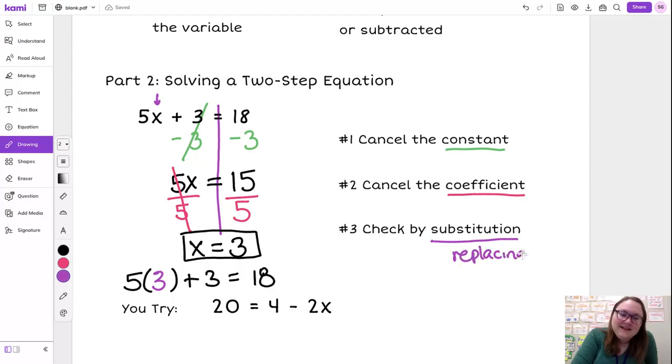It means replacing x with the number 3. And if I do that, if I take out the x and I put in the number 3, my equation says 5 times 3, which is 15, plus 3 does give us 18. That helps me know that my answer is correct, because 3 must be the missing number.